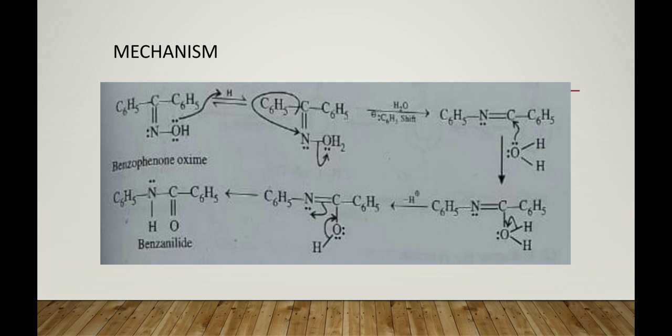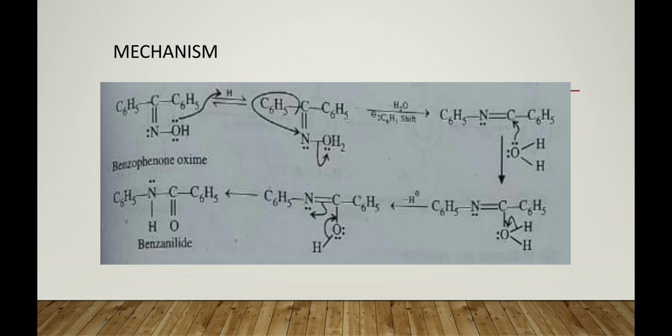In the mechanism, on treating the oxime with an acid catalyst, protonation of the hydroxyl group of the oxime takes place. The initial step is the protonation of the hydroxyl group, and as a result it turns into a better leaving group.